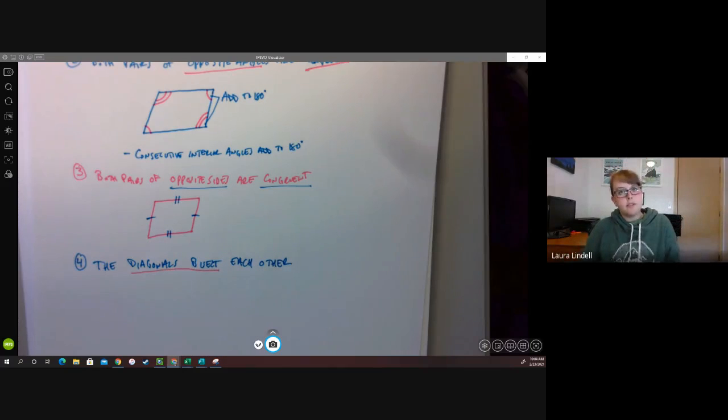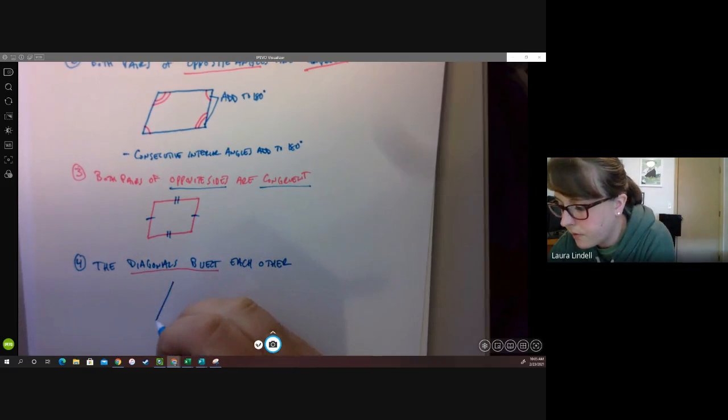So if we remember things like angle bisector and perpendicular bisector and all that good stuff, saying that the diagonals bisect each other, remembering that the word bisect means that it cuts it into two equal pieces, cuts it in half. The diagonals cut each other in half.